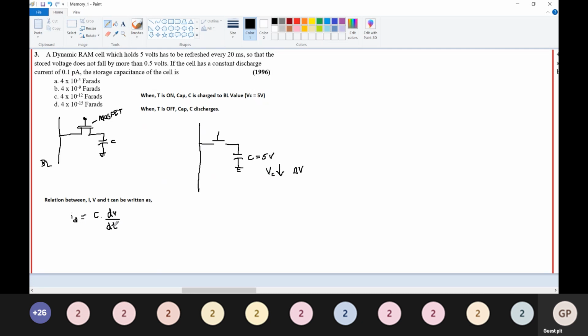Now the constant discharge current ID can be written as C into del V by TD.